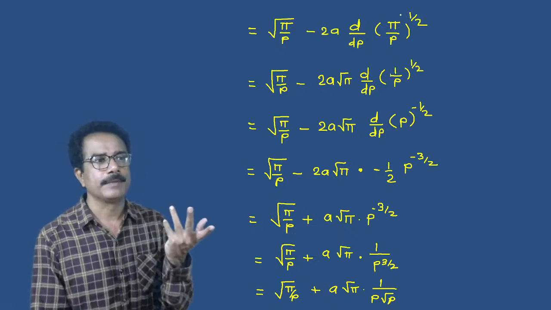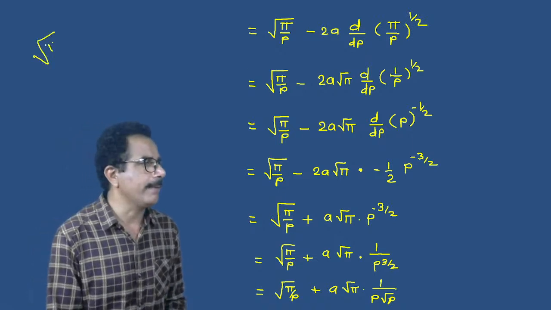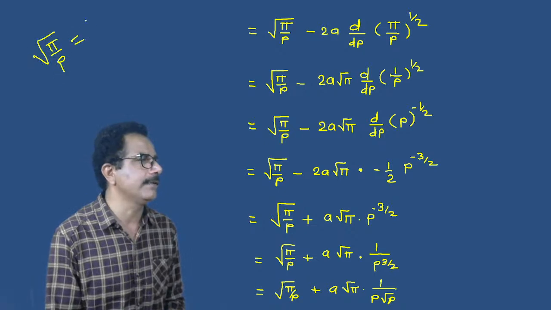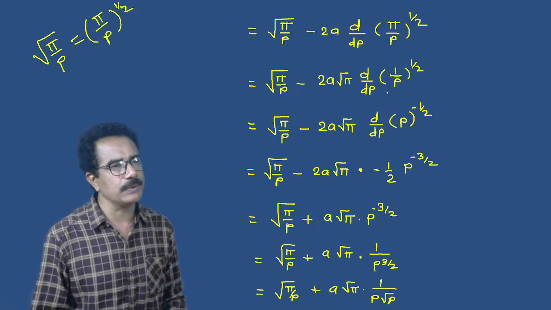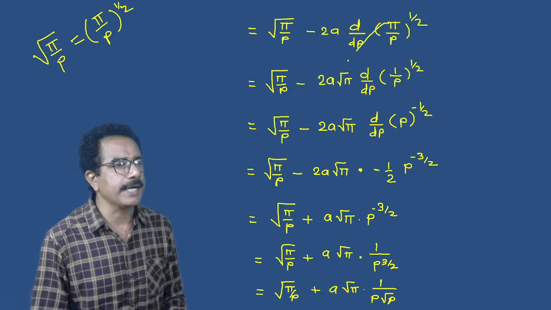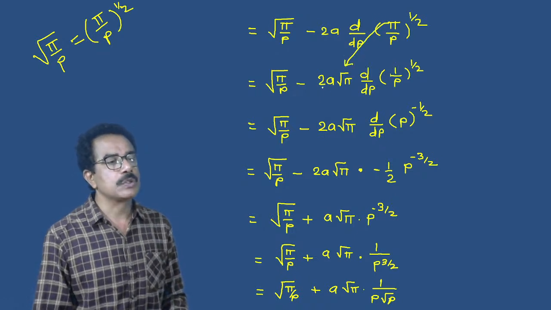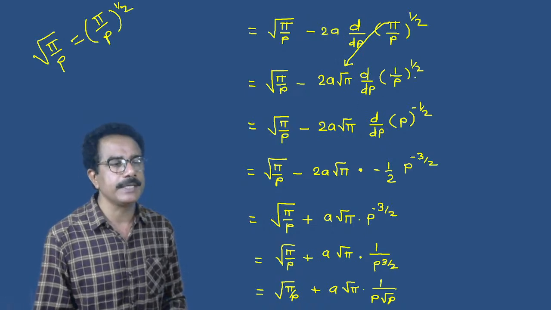Actually you know that root means we can express this root of pi by p in the form of index or power 1 by 2. So pi by p bracket raised to 1 by 2. Again 1 by 2 means root pi. It is a constant quantity, so we can take it out of the derivative. So 2a root pi into d by dp of 1 upon p raised to 1 by 2.